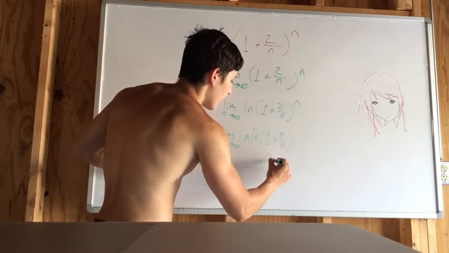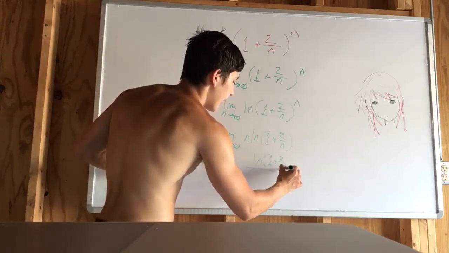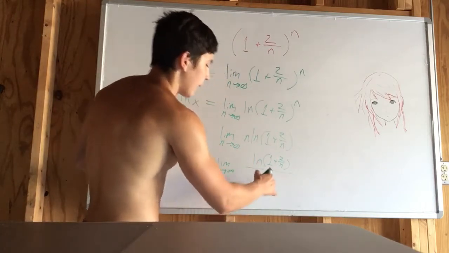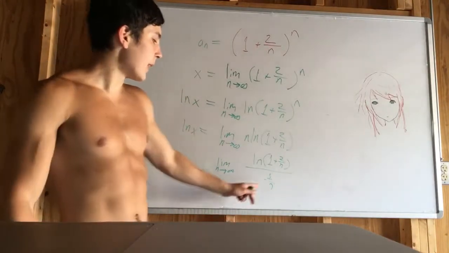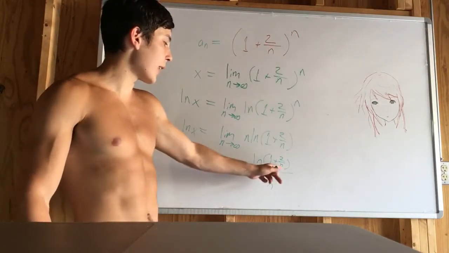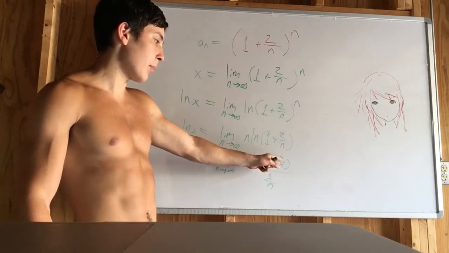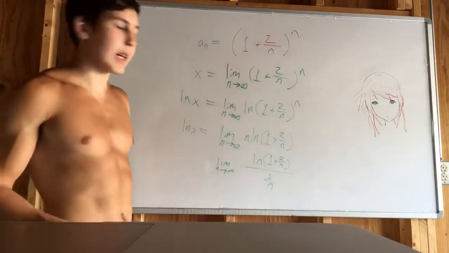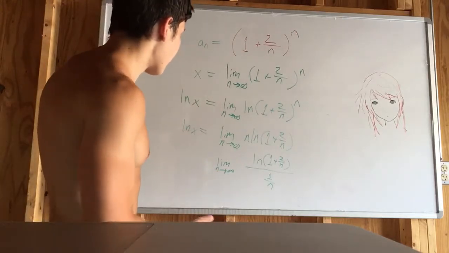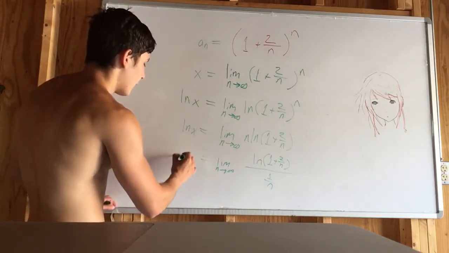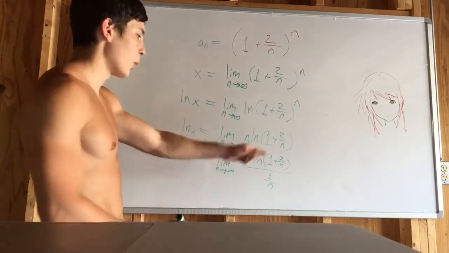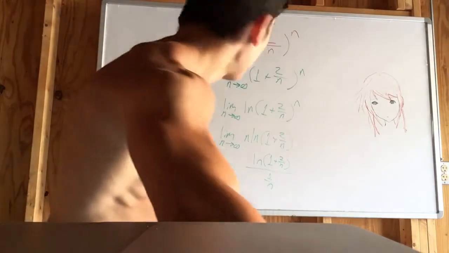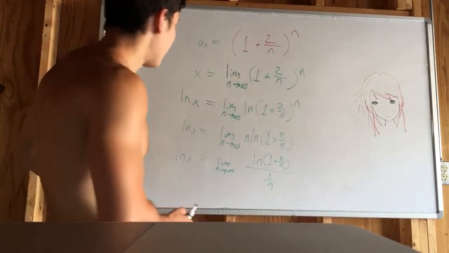Natural log of 1 plus 2 over n, and this would be an equivalent way to write it, over 1 over n. Now we have 1 over n here, and we've got 1 over n in here by just factoring out that 2. This is a 2, of course, but you could just factor that out. It's just some number. It doesn't make a difference to having 1 over n. So let's do that.